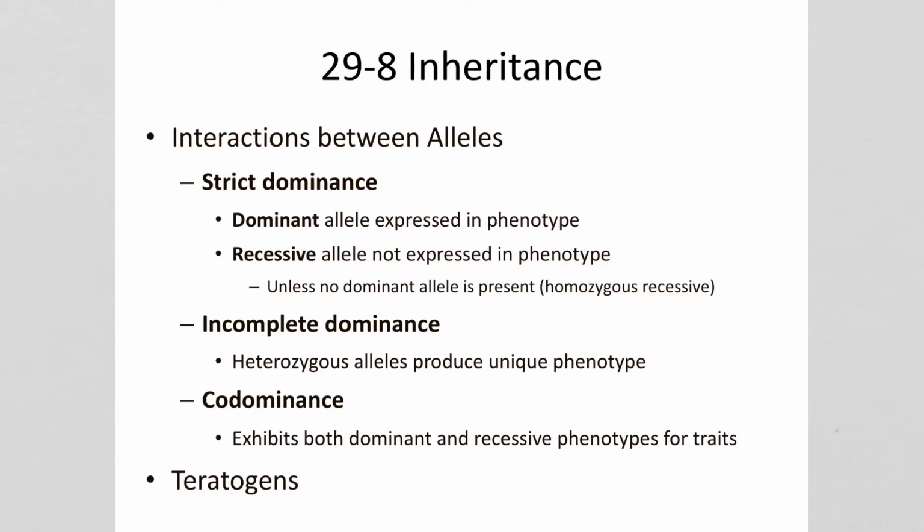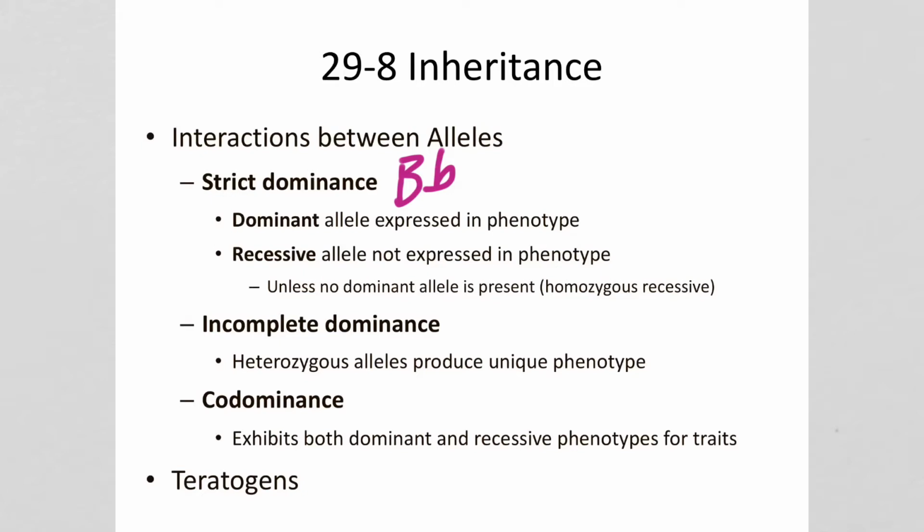And page 24 on our note set. Different ways that the heterozygous alleles can interact. We have strict dominance, which we just talked about in eye color, like BB. The dominant allele is expressed in the phenotype, and the recessive allele is not expressed in the phenotype. So if you have a heterozygous brown-eyed allele and a blue-eyed allele, brown is strictly dominant over blue.